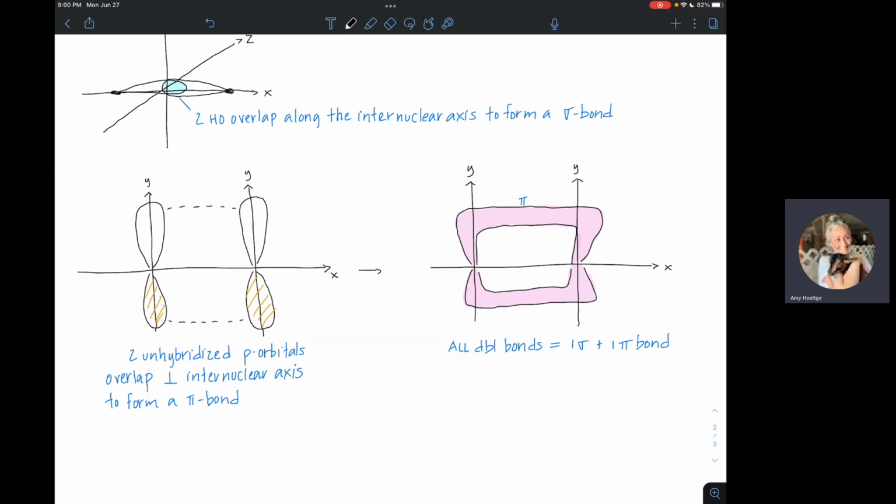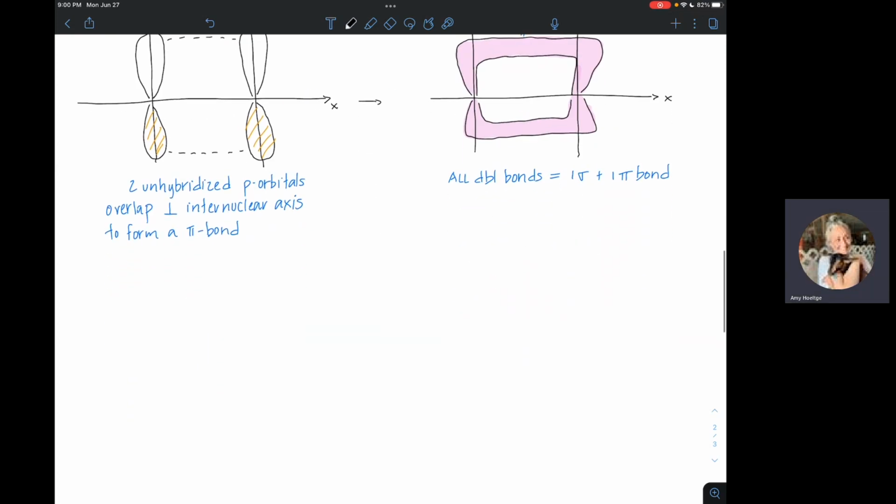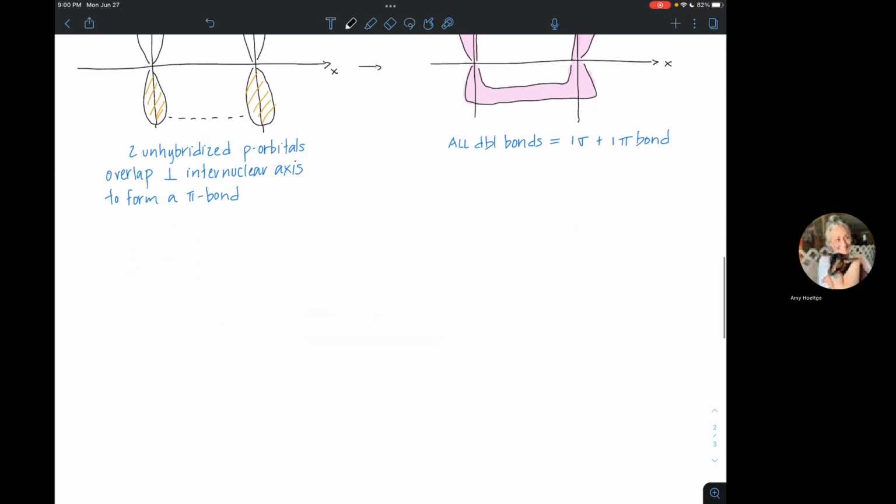So your pi bond, I'm going to draw a specific example. We'll draw ethylene. So CH2, and then there's a double bond, CH2. Right, with the Lewis structure for this, we've got two carbons that are doubly bonded together. Each one has two hydrogens, right?